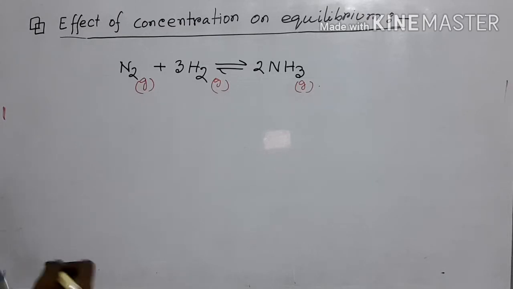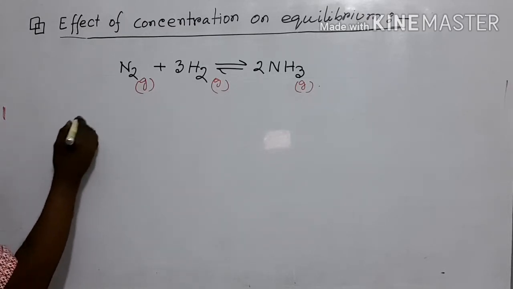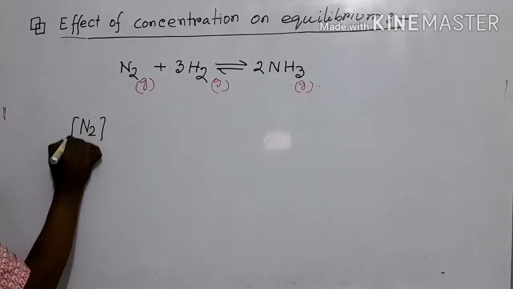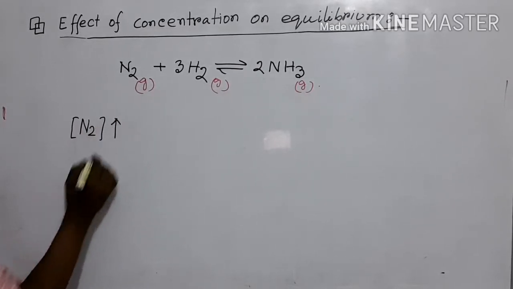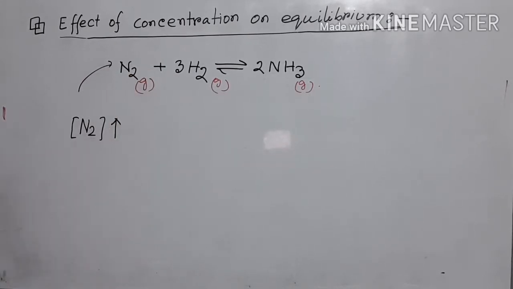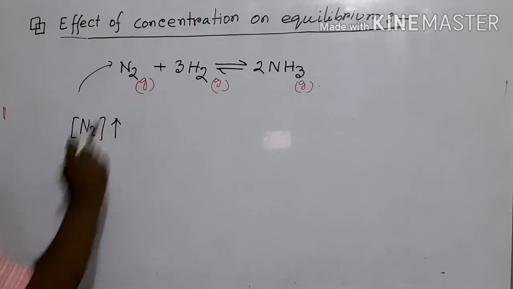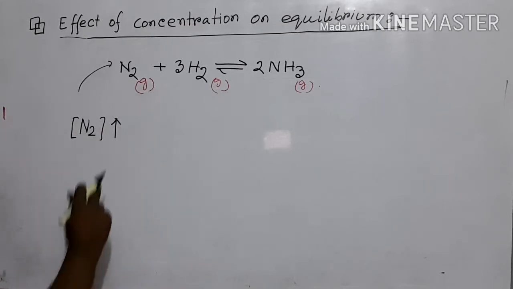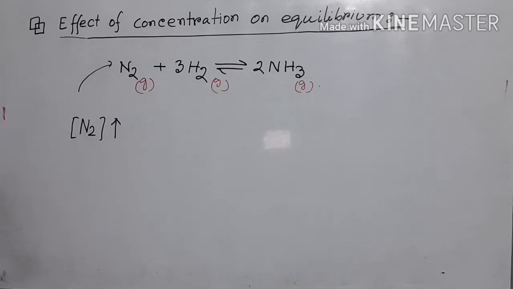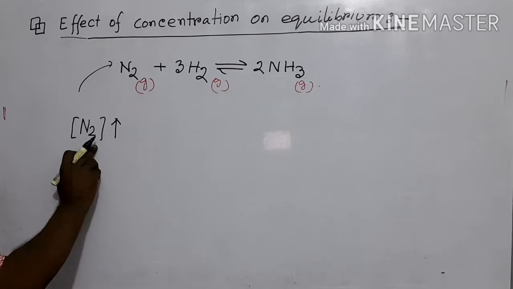Now, if we add nitrogen at equilibrium, then the concentration of nitrogen increases and the equilibrium will be disturbed by the added nitrogen.